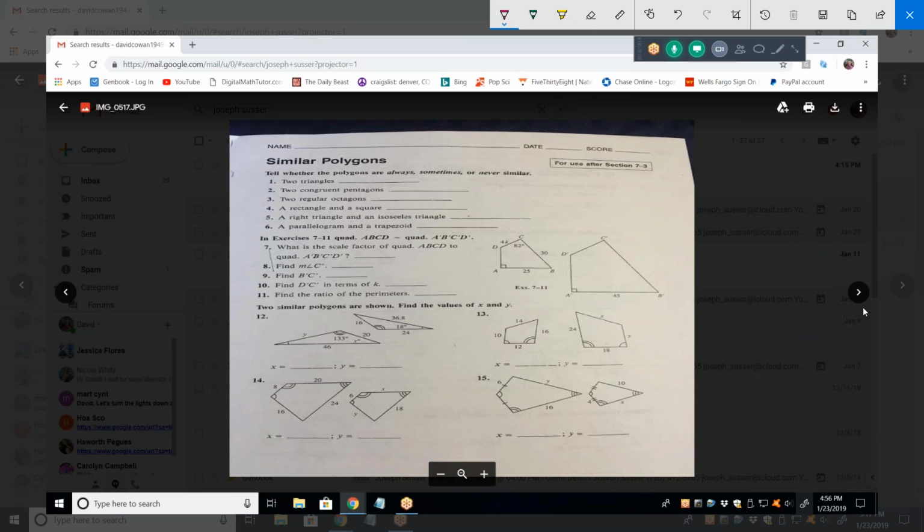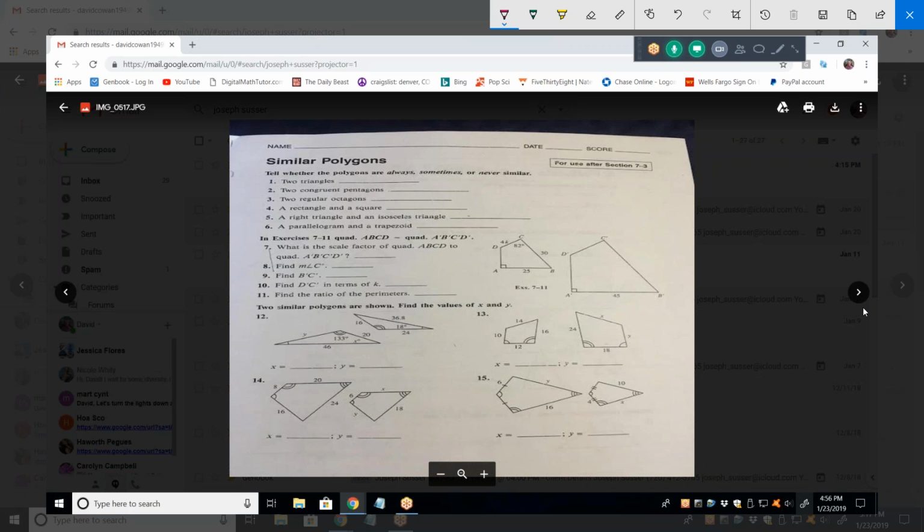Now, in 14, they've made it really easy for us. They haven't rotated it. And again, x is a side and y is a side.